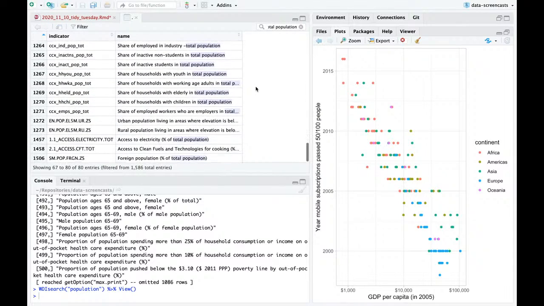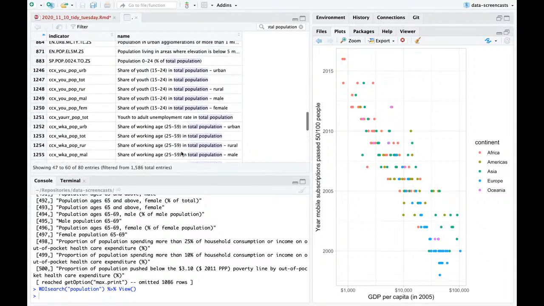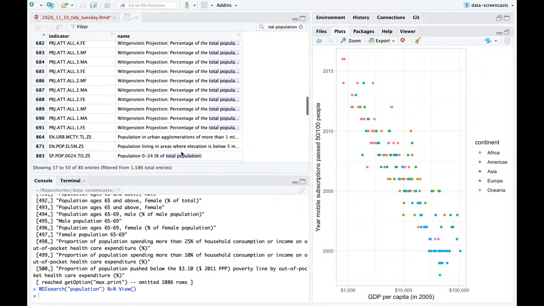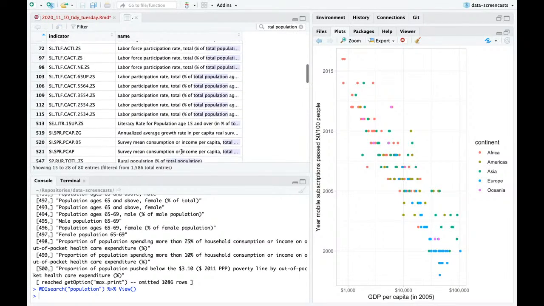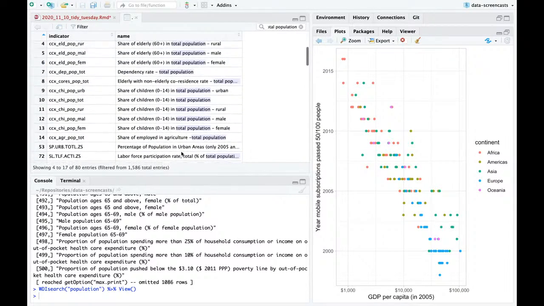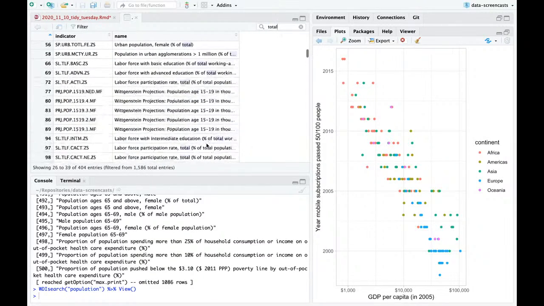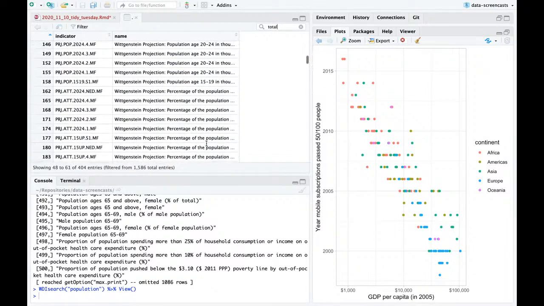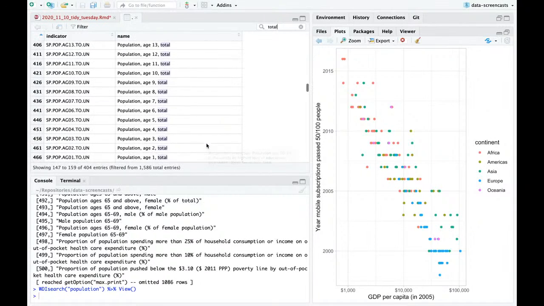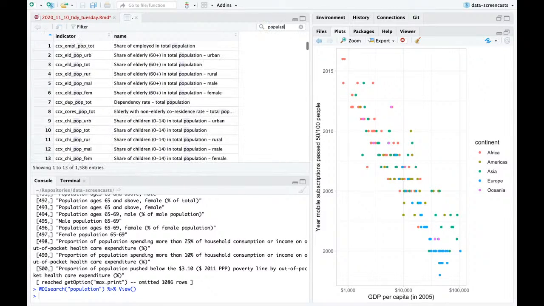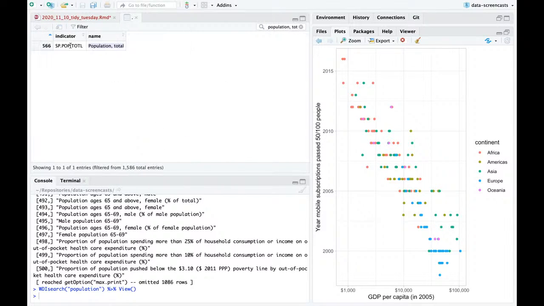Why can't I find total population? Now I feel a little bit silly. Population total. Oh, here we go. Thank you, Balia.